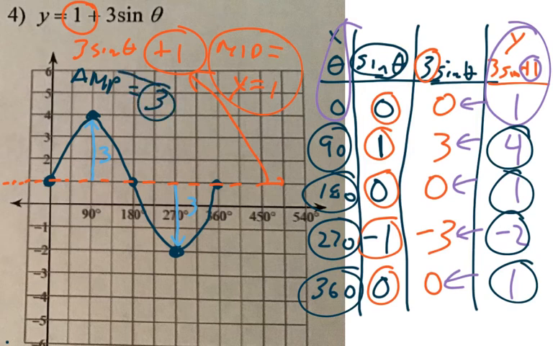But you should have known that because that's at the beginning of the sine function. The amplitude is always the coefficient of the sine function. All right? And of course, our full cycle went from 0 to 360 again. So 360 is our period.